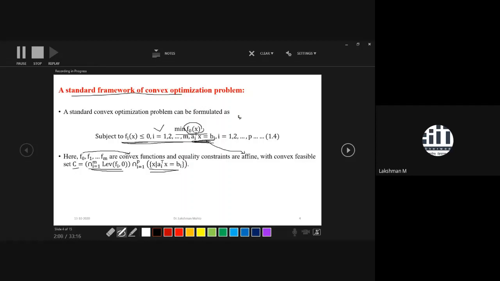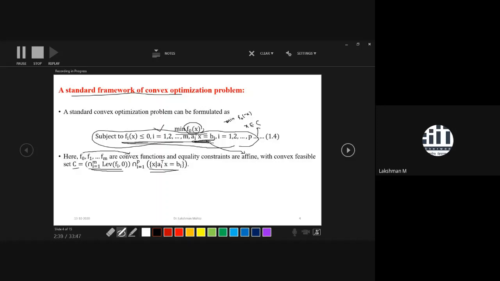Your f naught is a convex function, and x comes from the feasible set C. All these big things you have sorted into a smaller form: you define the feasible set C, and you minimize the convex objective function over the feasible set C.